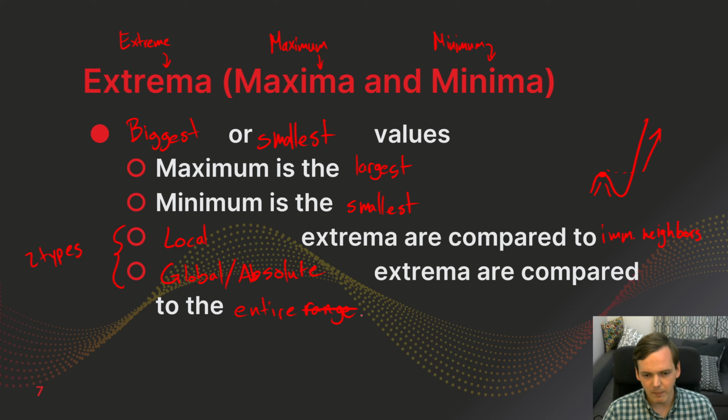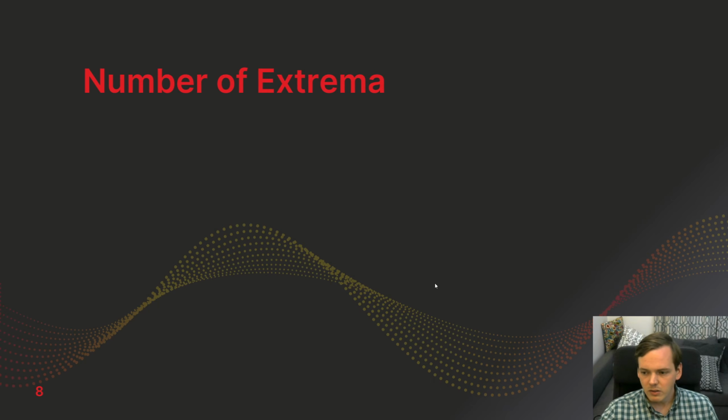That should be domain. It's bigger than all the other numbers on the domain. I guess range works, but if you're looking across the domain, find the biggest value, and that's your global or absolute maxima.